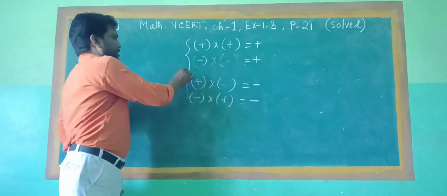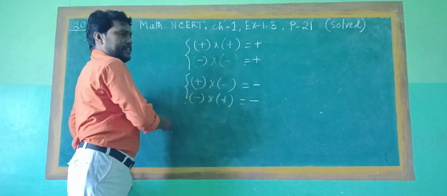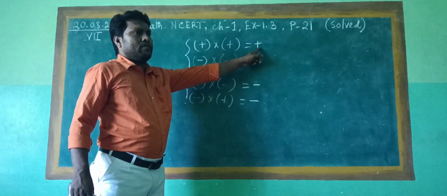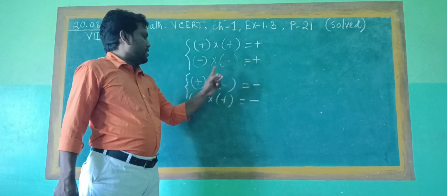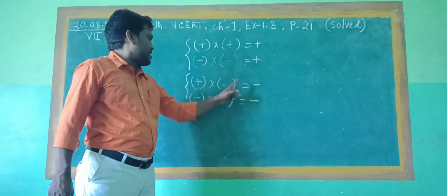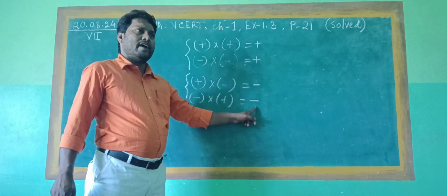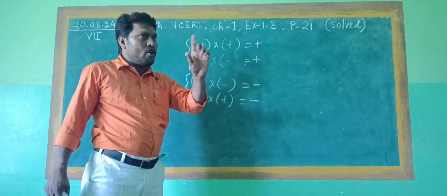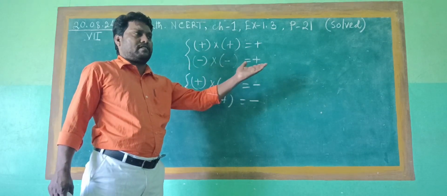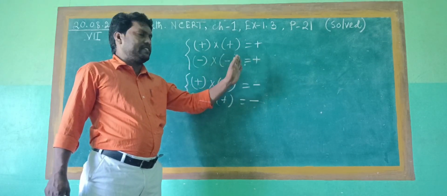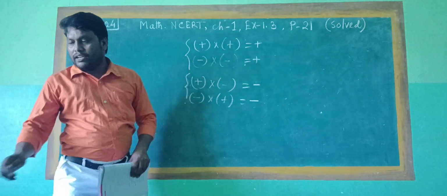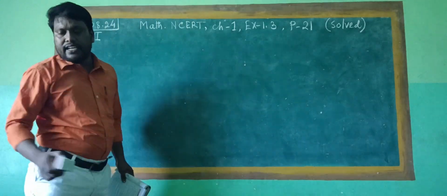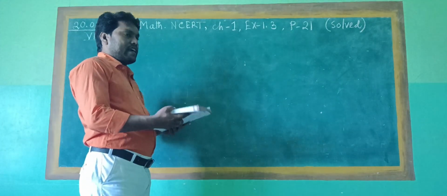In this way, you can keep in mind that the same sign gives a positive product, and different signs, plus or minus, minus or plus, give minus. This is at the time of finding products, not addition and subtraction, that is another part. Today I will solve the exercise, then in the next classes I will explain about addition and subtraction, what the sign will actually be.